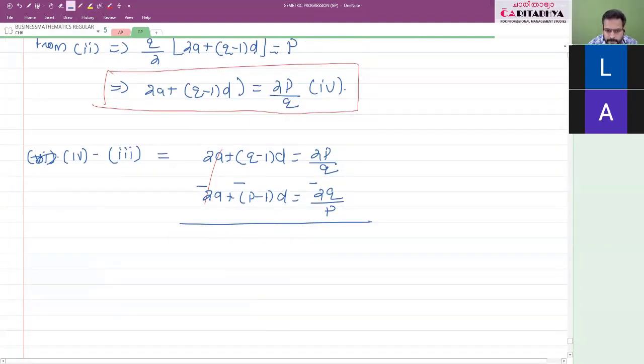Q minus 1 minus P minus 1 gives Q minus P into D, which is equal to 2P by Q minus 2Q divided by P.